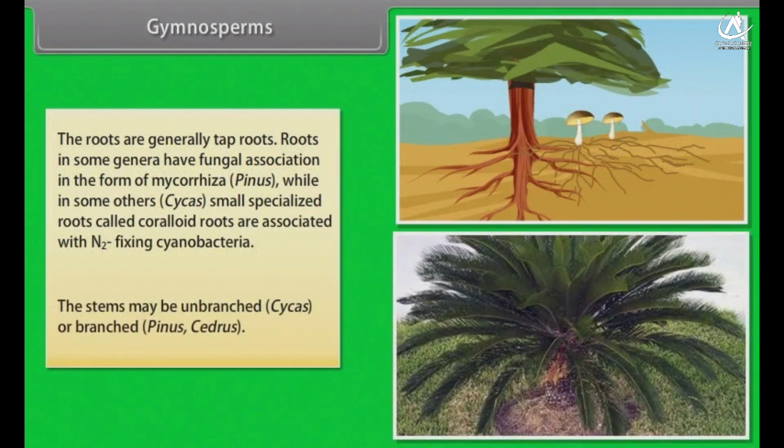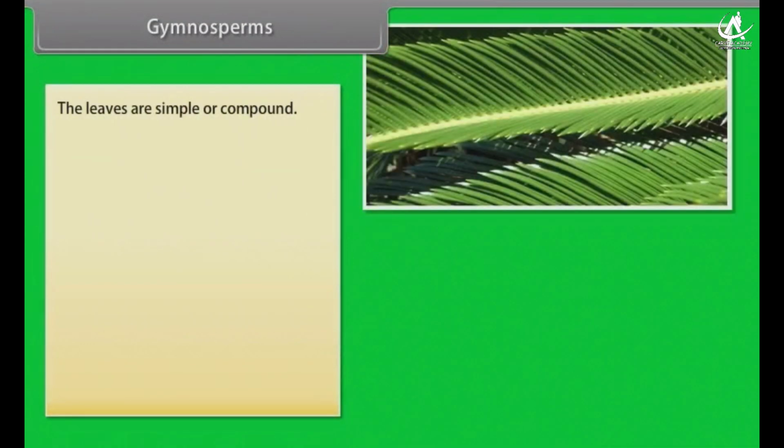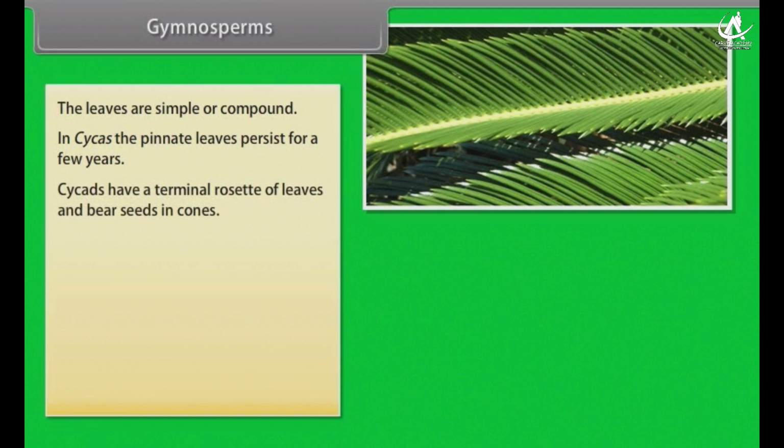The stems may be unbranched, Cycas, or branched, Pinus, Cedrus. The leaves are simple or compound. In Cycas, the pinnate leaves persist for a few years. Cycads have a terminal rosette of leaves and bear seeds in cones.